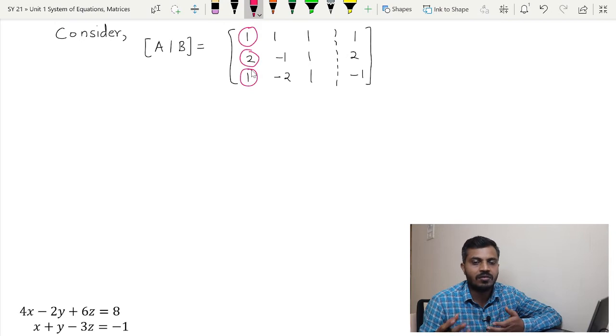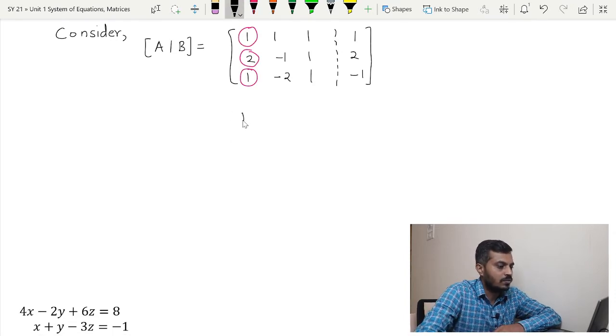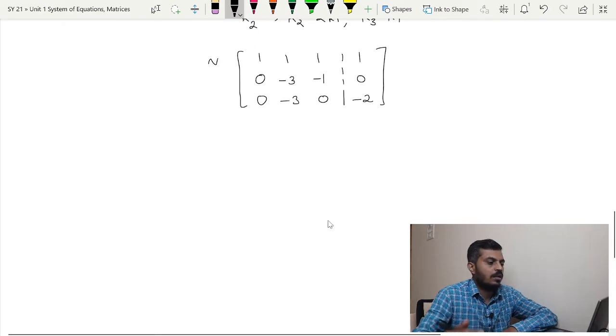Once you understand this echelon form properly, then you can directly convert it to echelon form without circling the leading coefficients, and that will come by practice. So, practice is required. Which operations will I perform then, can you guess? Now, again I will circle the leading coefficients.